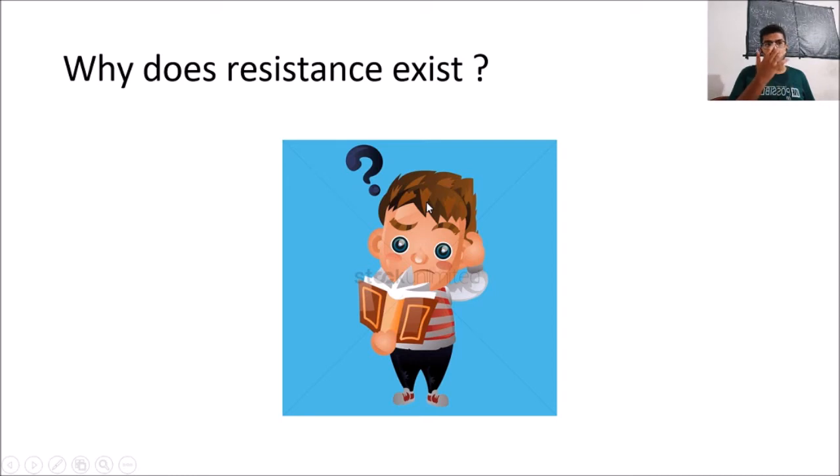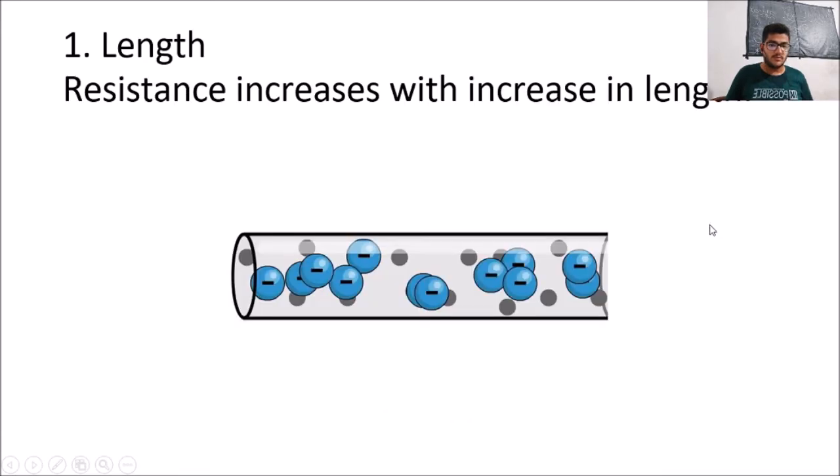Now, you might have a question: why does resistance exist? Why is it there in the conductor? There are simple parameters we can take into consideration. First is length. As the length of the conductor increases, the resistance increases.